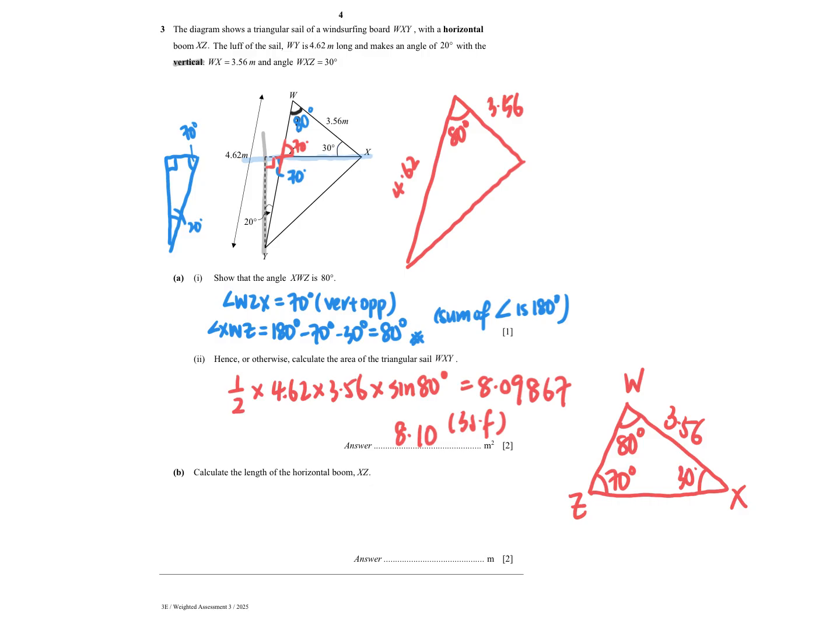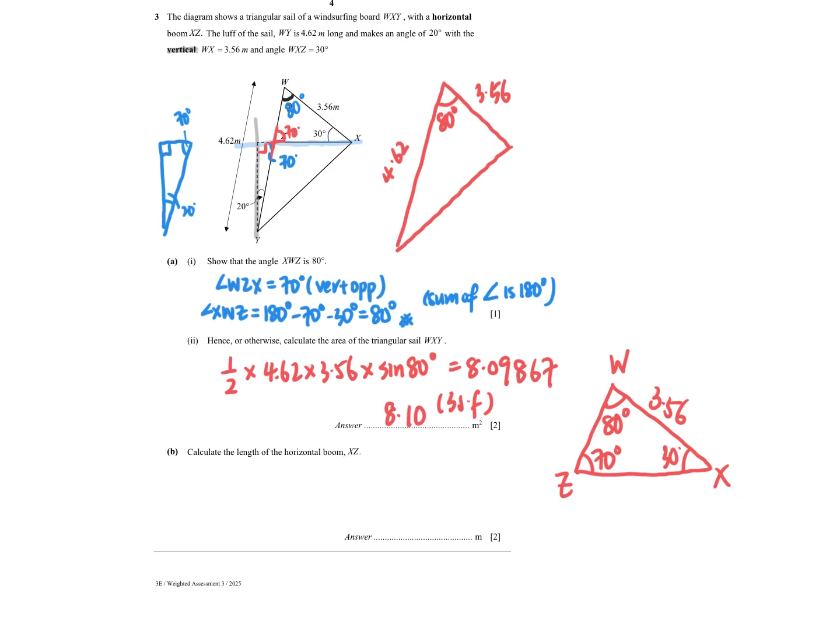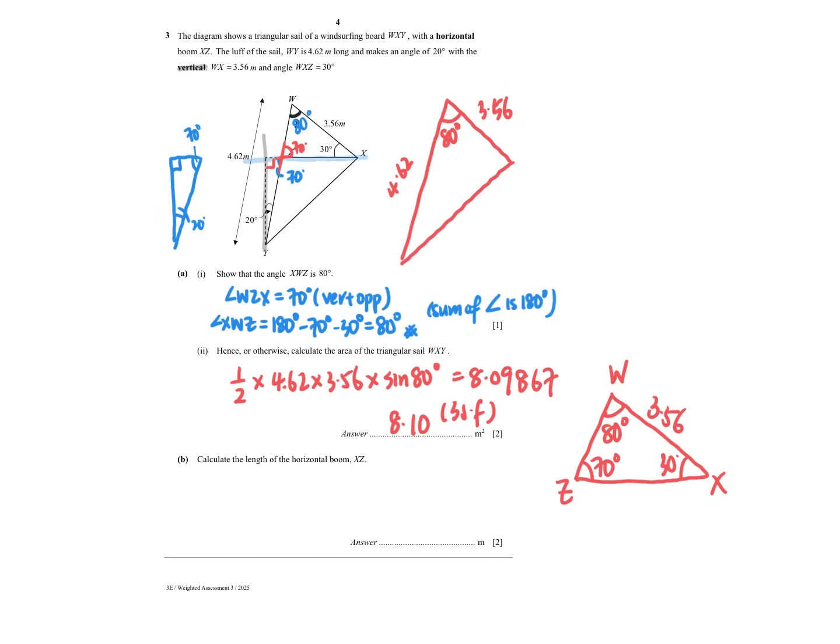They just call that holder of a sail boom, that's the term they use. How do you confirm that it is 90 degrees? Because this is a horizontal line, and they say this is a vertical line, so they must meet at 90.